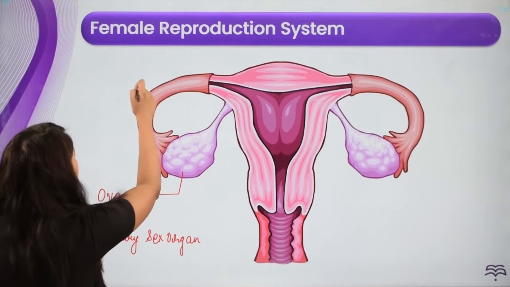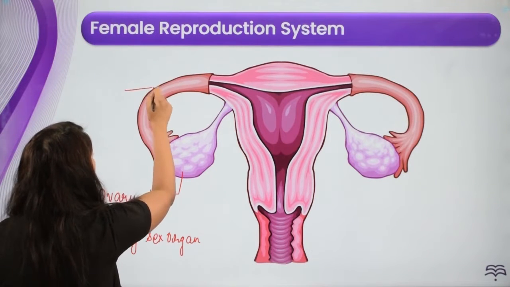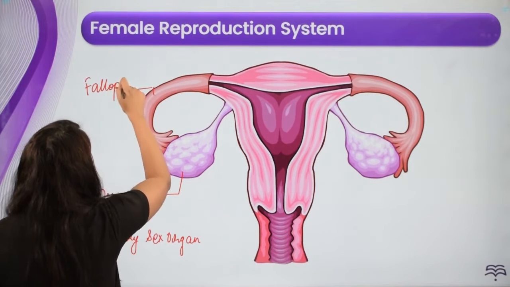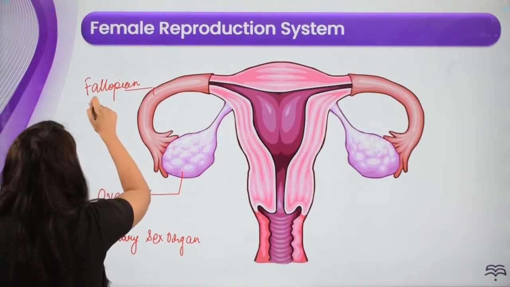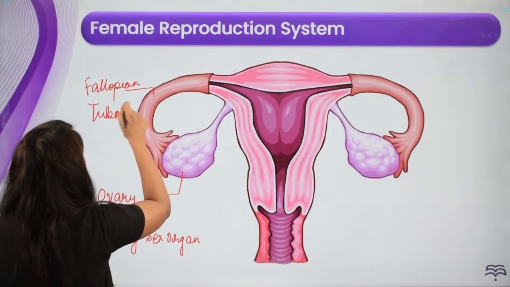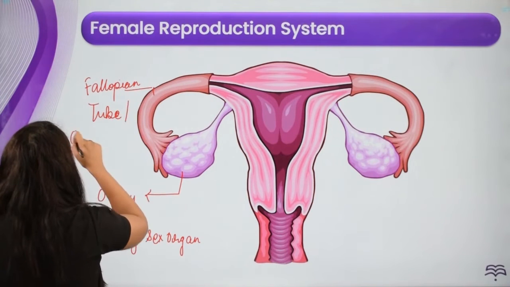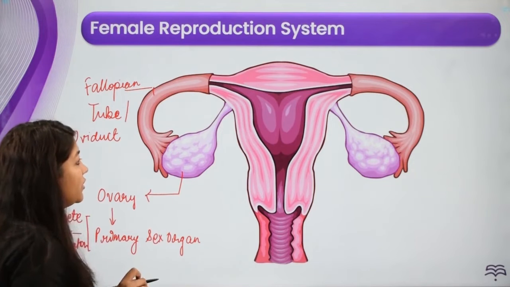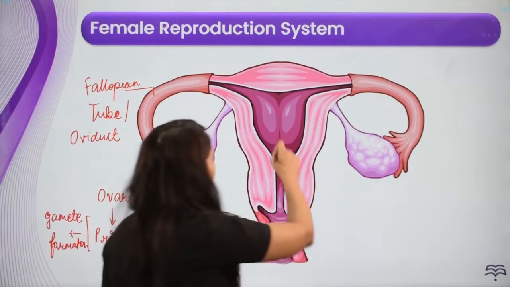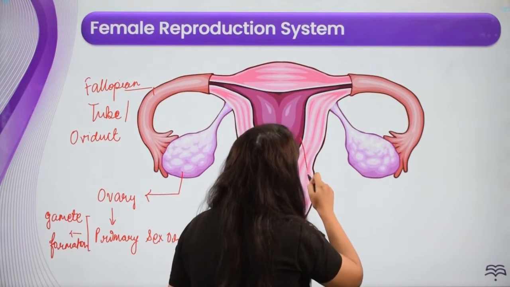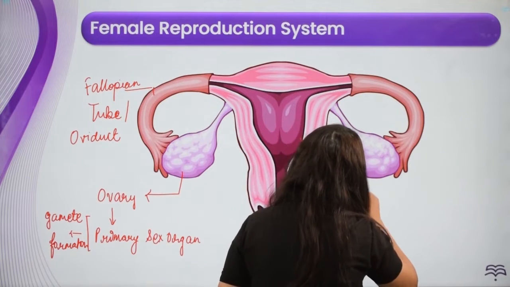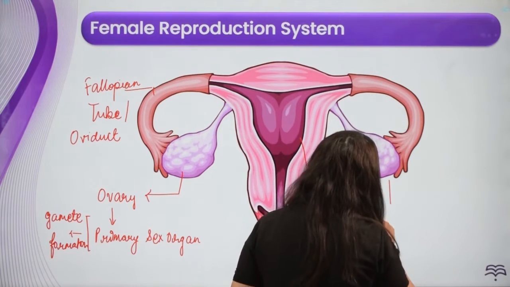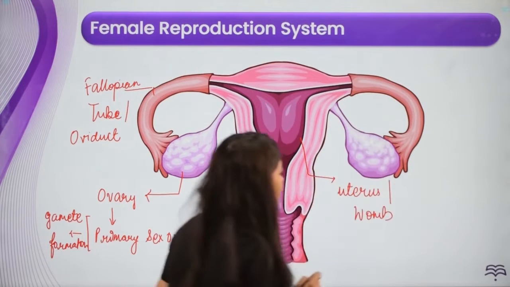Then next we can see a tube-like structure. What is this tube-like structure? This is the fallopian tube, or it is also called the oviduct. Both the names are important. The oviduct opens into this structure called the uterus, or the womb.